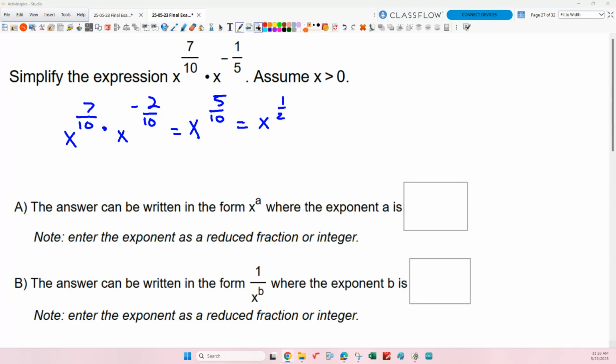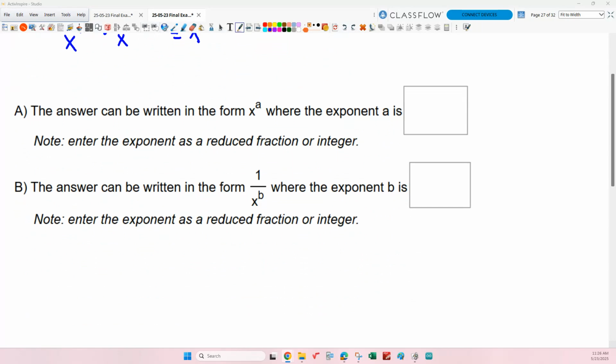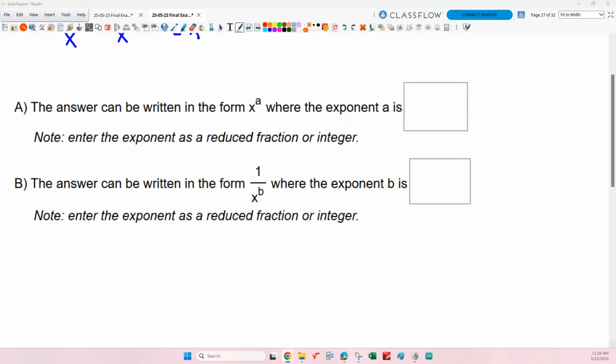So if I look at A or B, which one do we think? Can you see B okay? I'll scroll it up. Which one are we thinking?